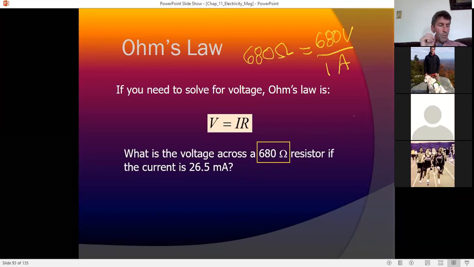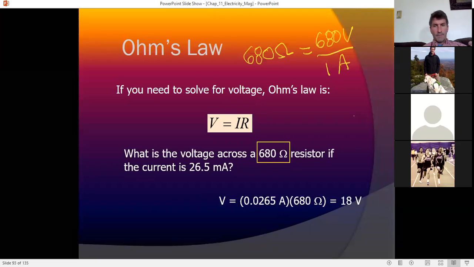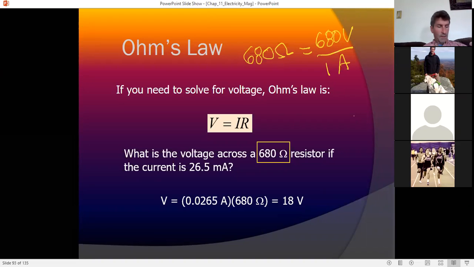So what is the voltage across a 680 ohm resistor if the current is 26.5 milliamps? Well, first of all, we have to convert milliamps into amps.